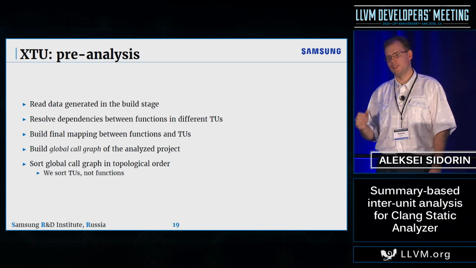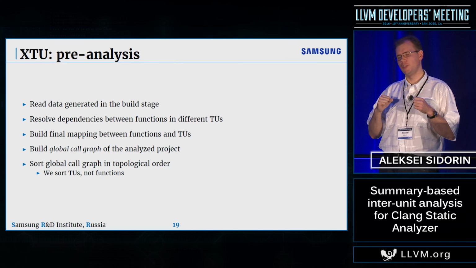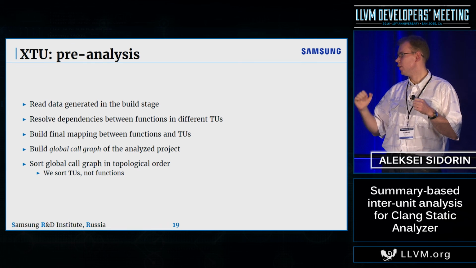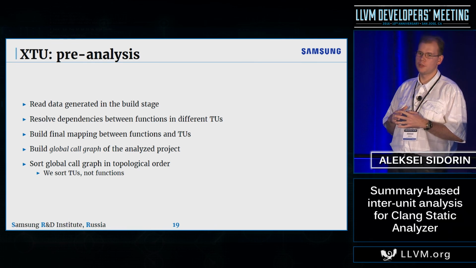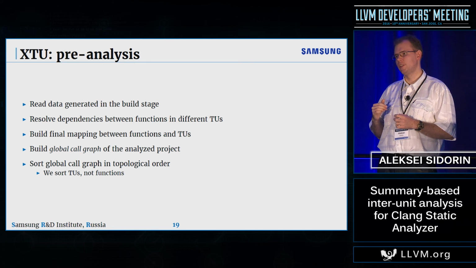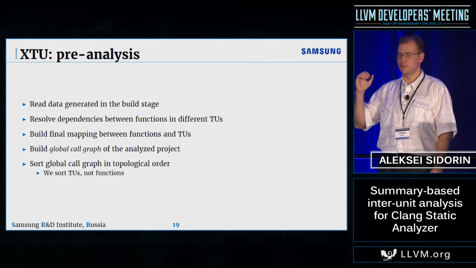In the pre-analysis stage, we resolve the dependencies between functions, and now we know in what translation unit each function definition is placed. Also, we build a global call graph from local call graphs, and we start analyzing it in topological order from the upper level.